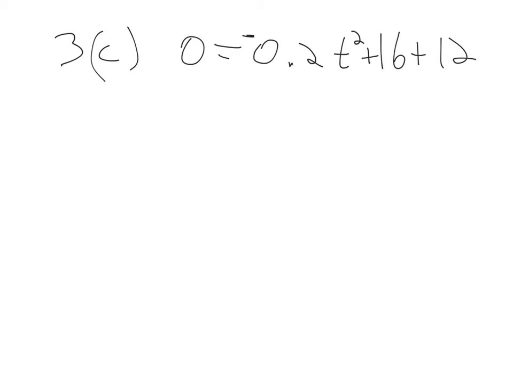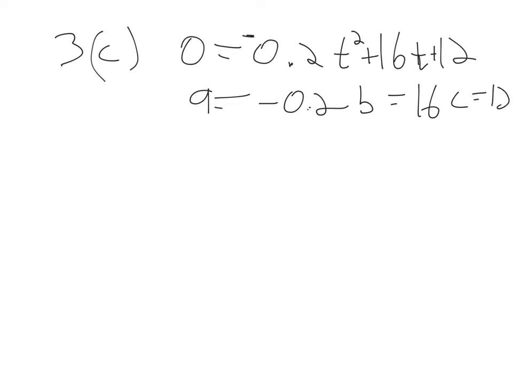Ooh, this is not going to be fun. So A is equal to negative 0.2, B is equal to 16, and then C is equal to 12.